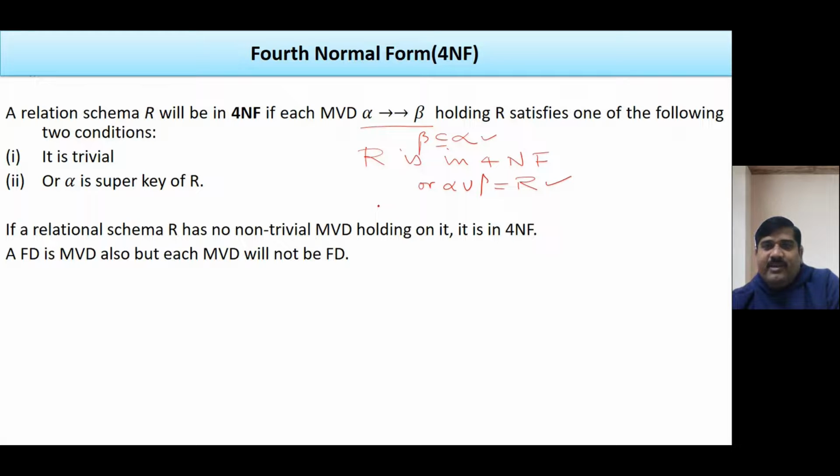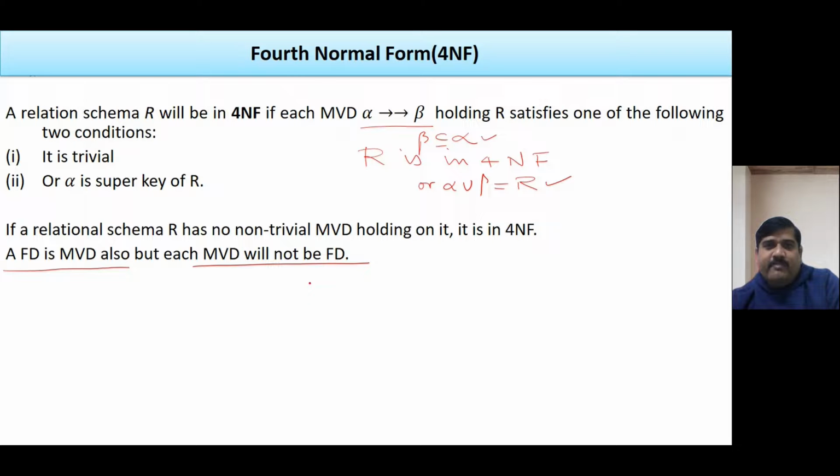Otherwise, it is a non-trivial MVD. Now, this is the important point, please note it. A functional dependency is a multi-value dependency also. But multi-value dependencies will not be functional dependencies.